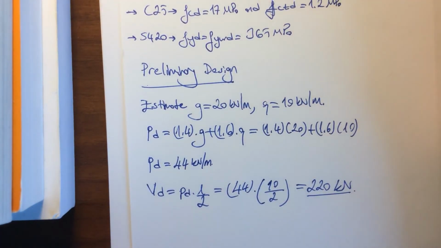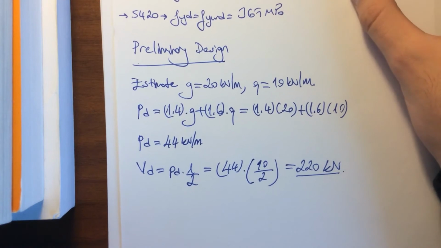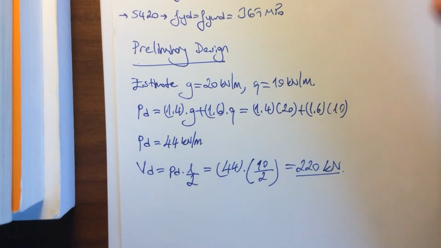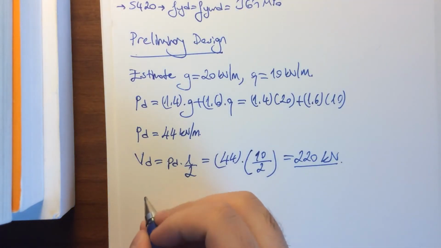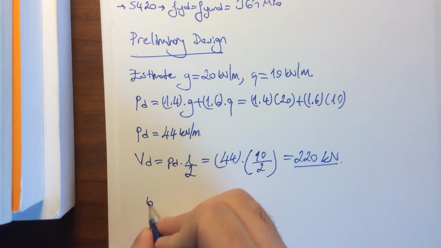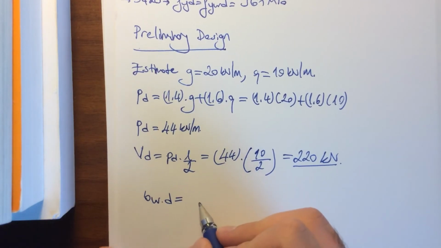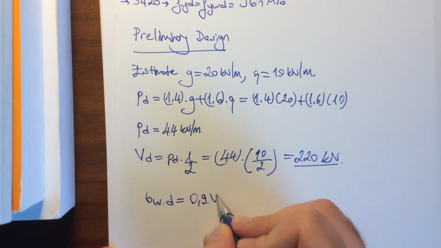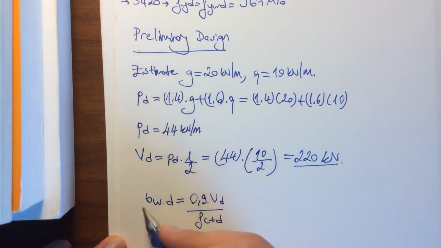Since this is a flange section, the shear will govern the equations, and because of that we need to use the formula that I'm going to show right now to find the depth, the d. So what is this formula? As we have covered in the lecture notes, it is BW times d equals 0.9 times VD divided by FCTD.